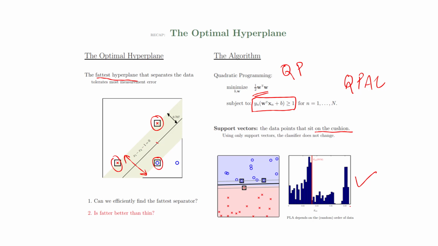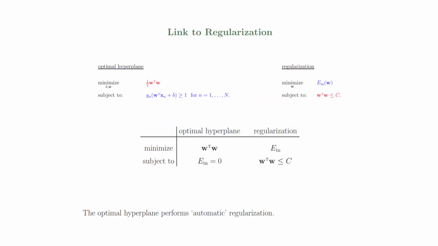So now, as I said, today's focus is: is fatter better than thin or not? That's the point we are going to focus on today. But I also wanted to look at the link of finding the fattest hyperplane, this optimization problem, to regularization.